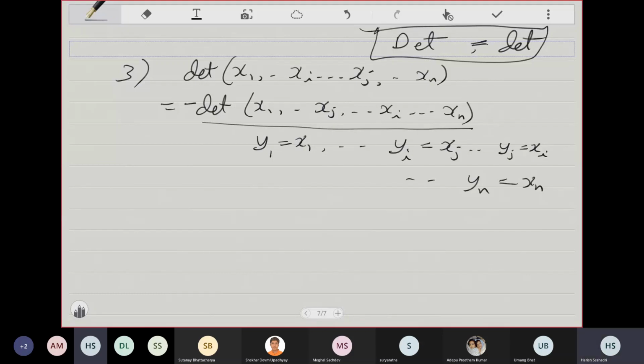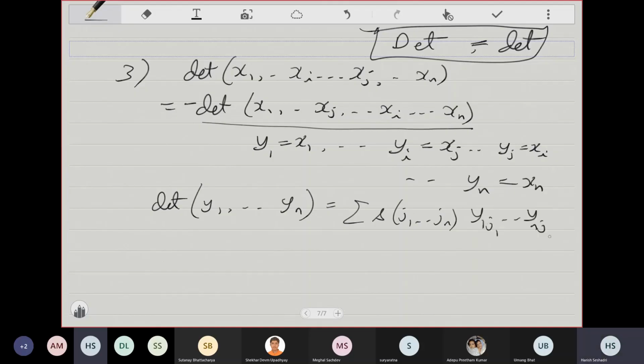Right. So I'm looking at the sum of ε(j1, ..., jn) y_{1 j1} ... y_{n jn}.